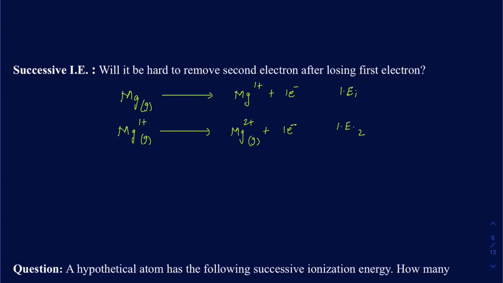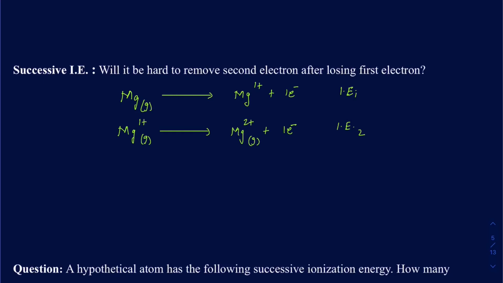ionization energy? If you already have a positive charge, your Mg1+ is going to be smaller than the Mg, and you're going to have a stronger attractive pull from the nucleus onto those remaining valence electrons.